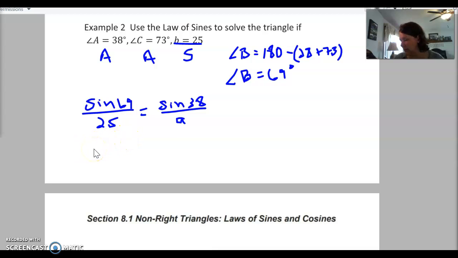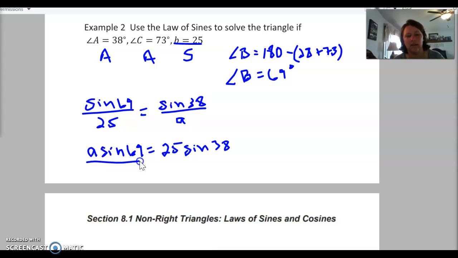Okay, so sine of 69 over 25. And actually, let's go ahead and just make it an equation. So we have A sine of 69 equals 25 sine of 38, divided by sine of 69. And so then we know what A is. A is going to be 25 sine of 38 divided by sine of 69.